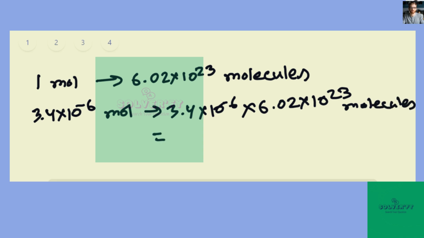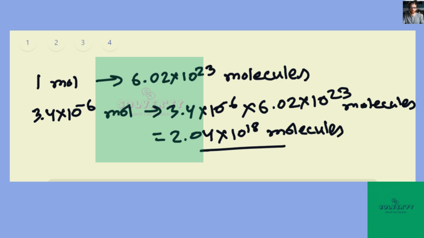and it will give us a value of 2.04 times 10 to the power 18 molecules. So this is the number of molecules which is contained in this much number of moles of aspartame.